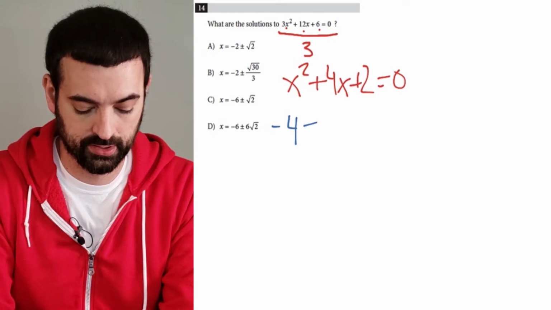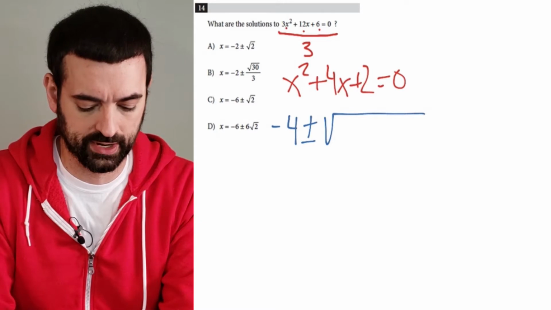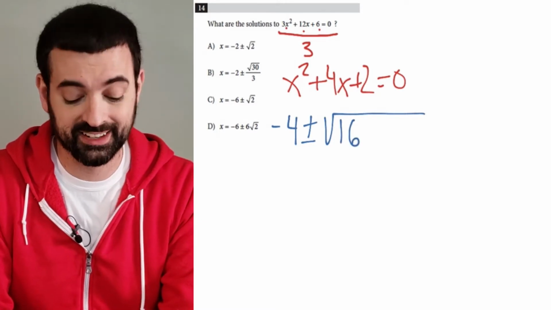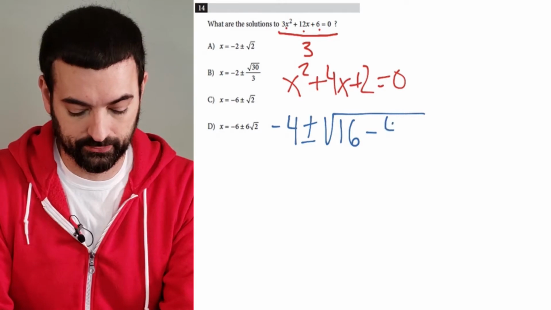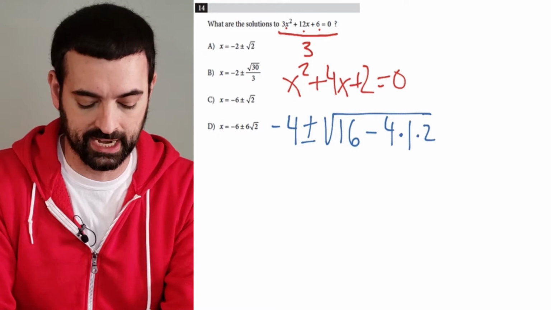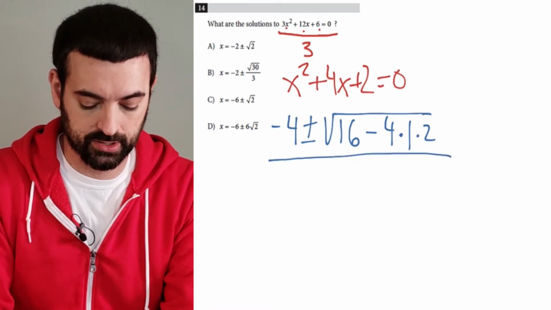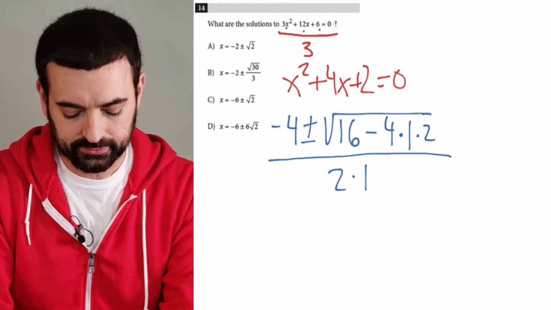Minus 4 plus or minus the square root of, let's see, 4 squared is 16, minus 4 times 1 times 2, that's going to be 8 when we simplify, all over 2 times 1, that's our a value.